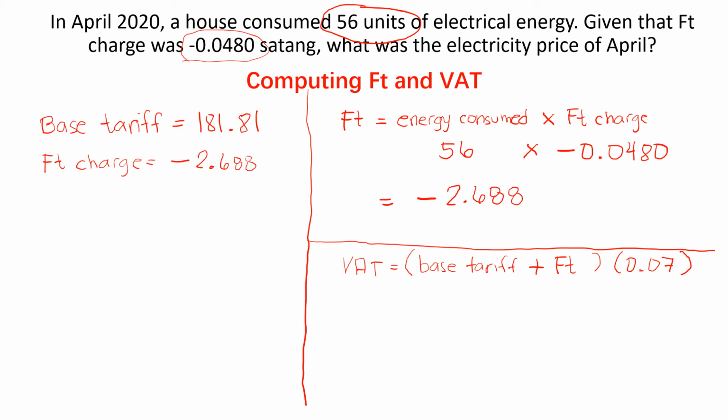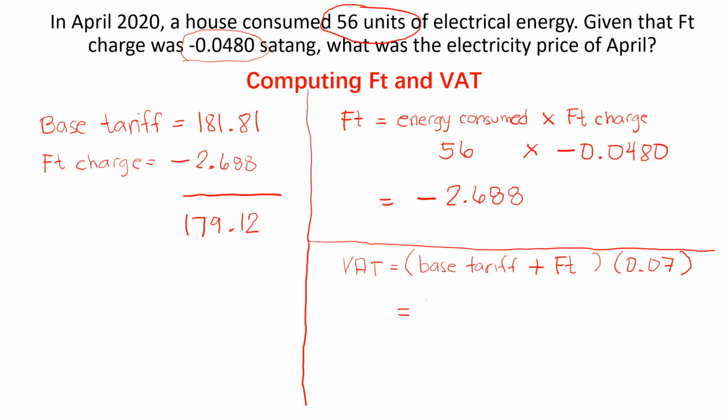Okay, so to get your base tariff and your FT, again you have to add them. So 181.81 minus 2.688, so you will get a value of 179.122 in your calculator, but round it off to the nearest hundredth, so you'll get 179.12.